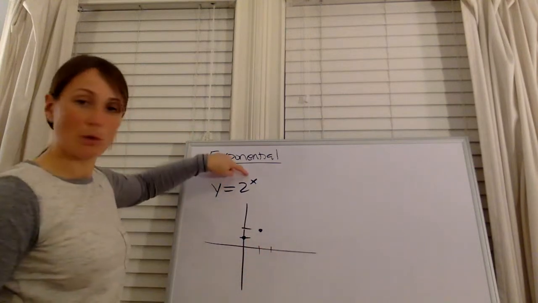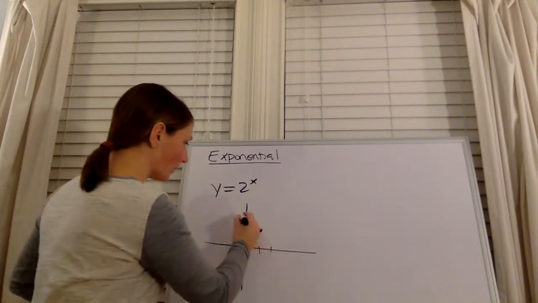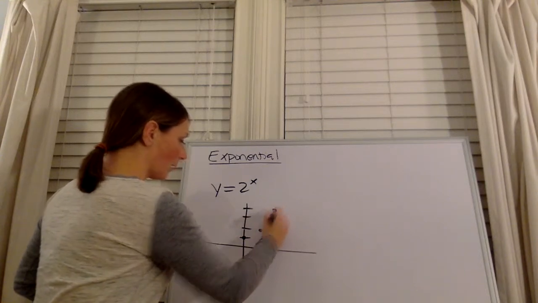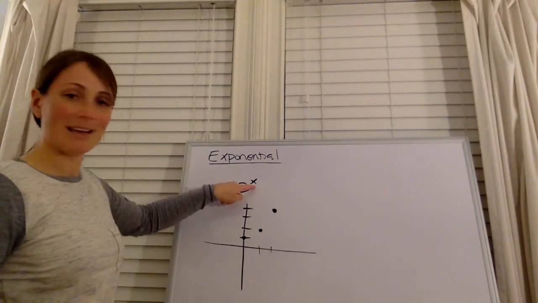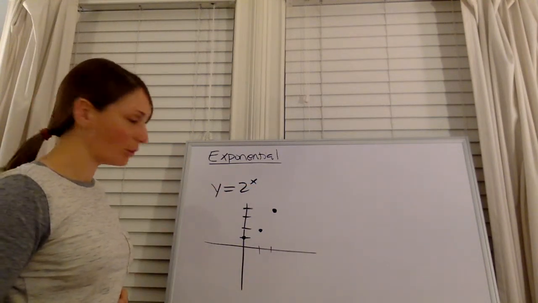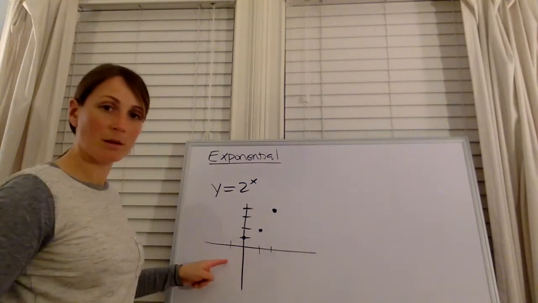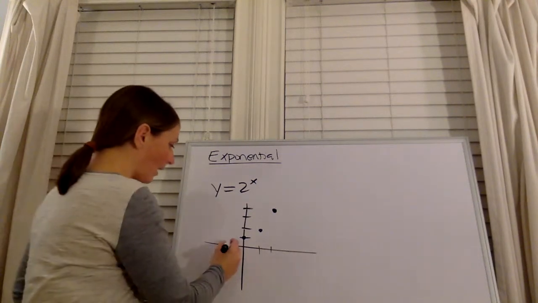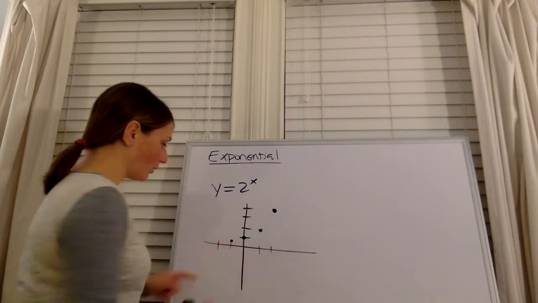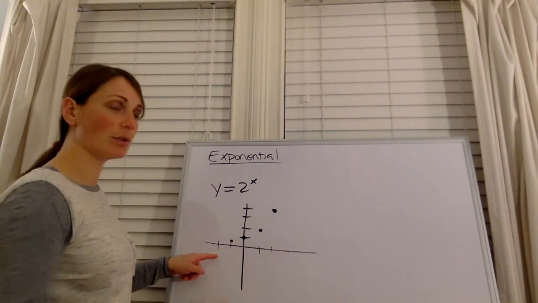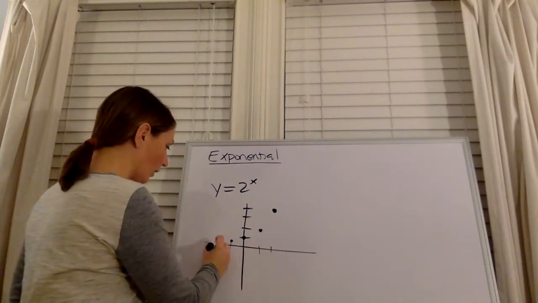If we plug in 2 for x, we'll get 4. And then if we start plugging in negative values for x, 2 to the negative 1 is going to be 1/2, and 2 to the negative 2 is 1 over 2 squared, 1/4.